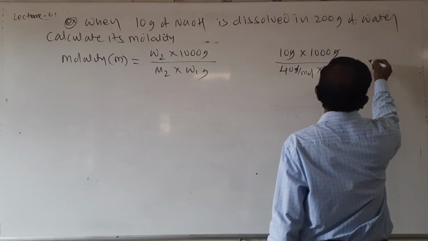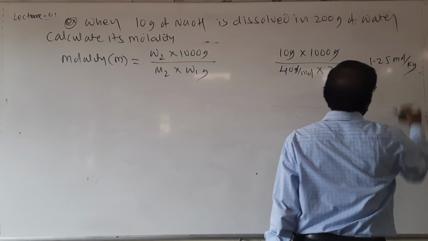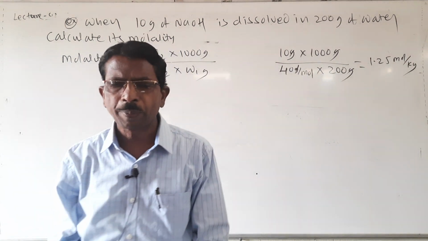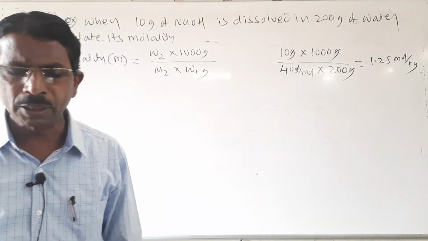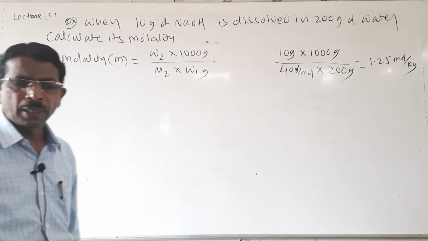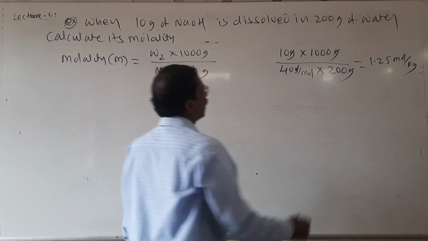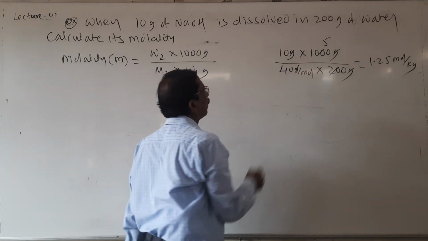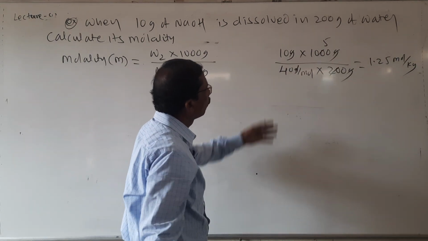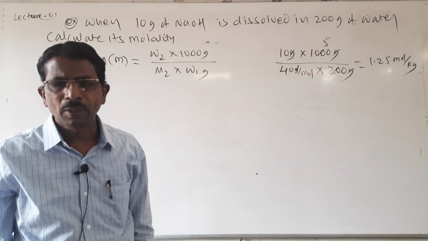The unit must be written compulsorily. You must write units, otherwise you will lose 1 mark. Roughly, it is 50 divided by 40, which means 1.25 mole per kg.